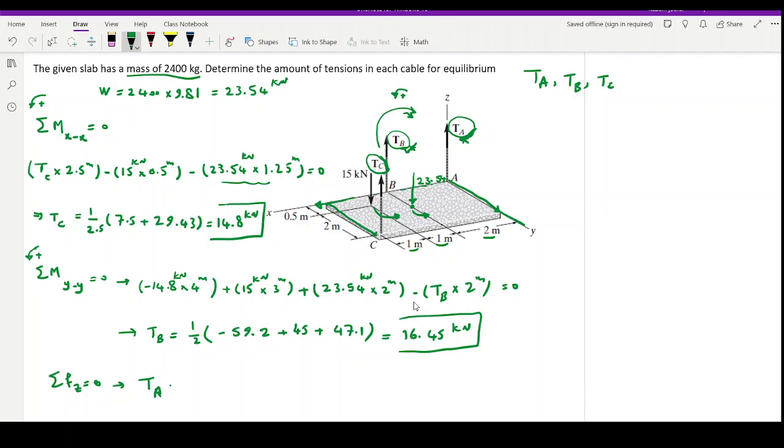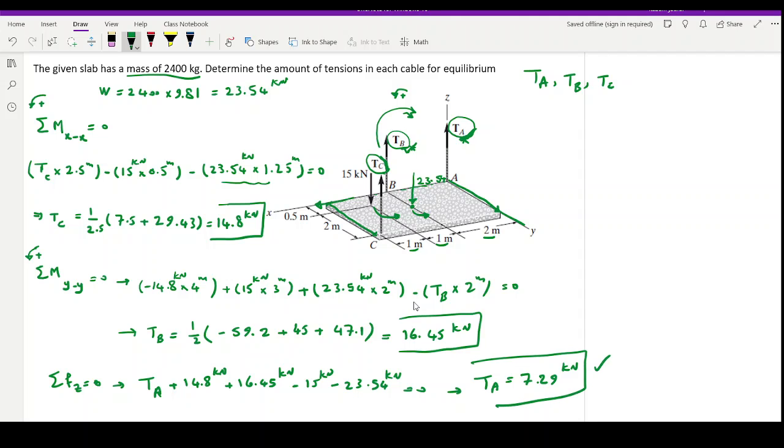So TA plus 14.8, which is TC that I calculated, plus 16.45, which is TB that I calculated, minus 15 kilonewton, which was given, minus 23.54, which was again given, the weight of the slab, is 0. From here, TA is equal to 7.29 kilonewton. So I calculated and I solved all 3 unknowns.